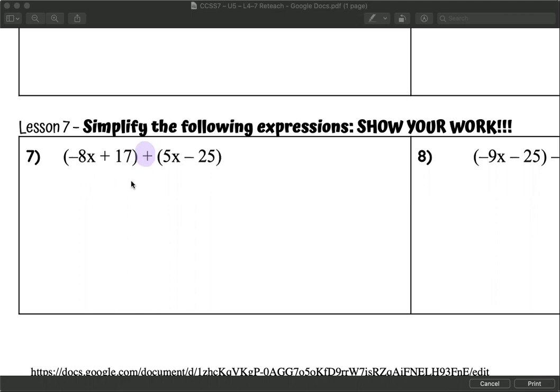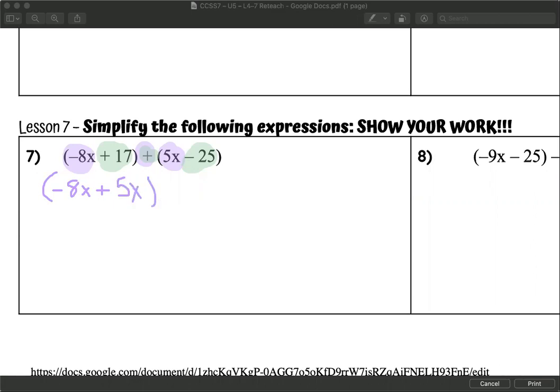So I'm going to rewrite. I am adding my x's together, and I am adding my constants together, okay? So in one parentheses, I'm going to write my x's. We've got negative 8x plus our other x value of 5x.